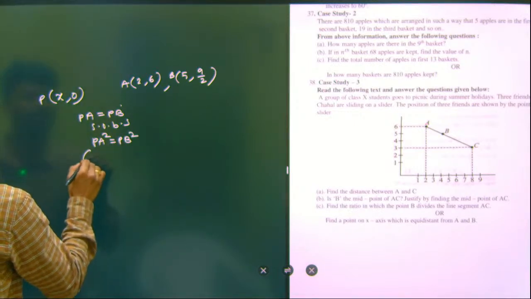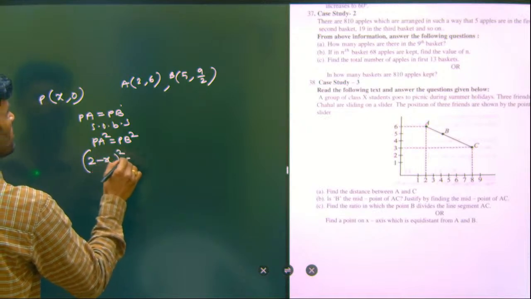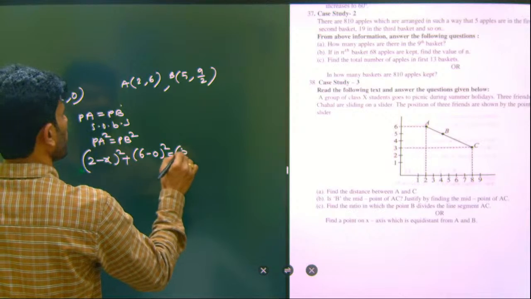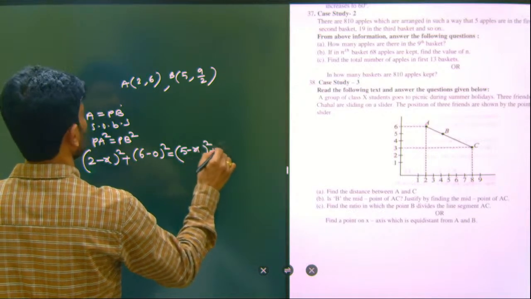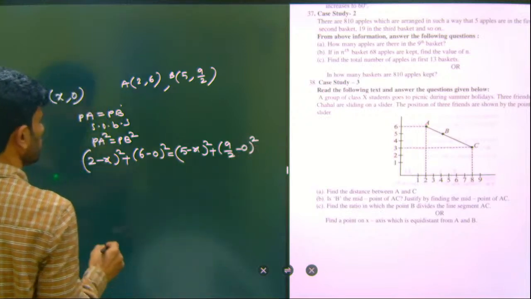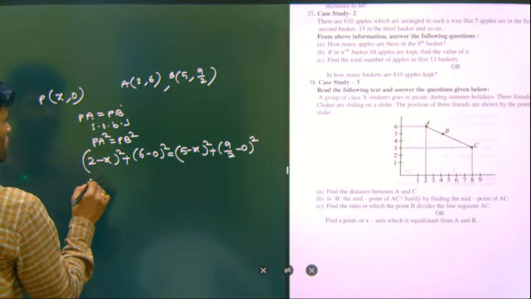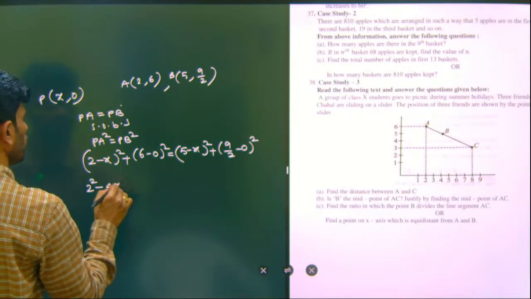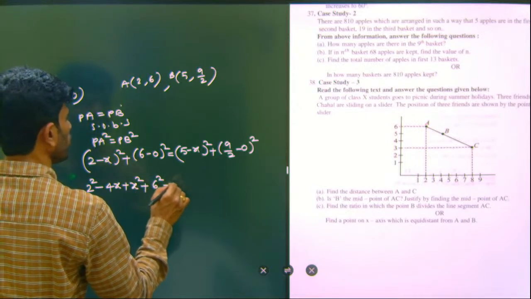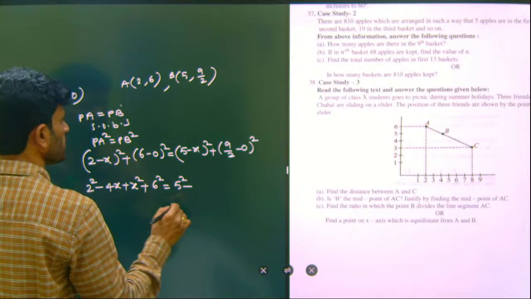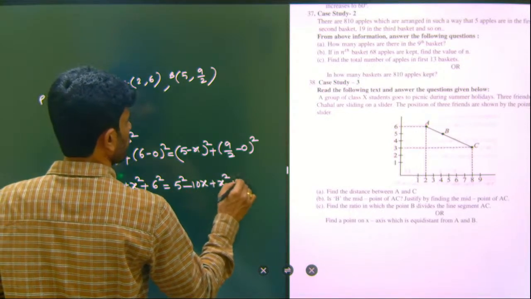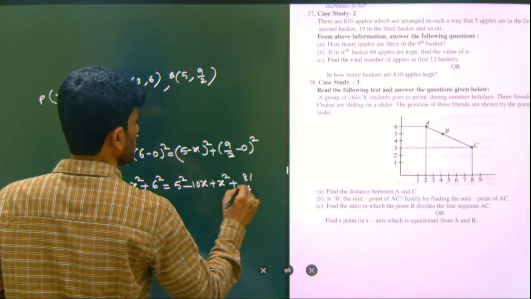Then 2 minus x whole square plus 6 minus 0 whole square is equal to 5 minus x whole square plus 9/2 minus 0 whole square. Then what we get? 2 square minus 4x plus x square plus 6 square is equal to 5 square minus 10x plus x square plus 81/4.